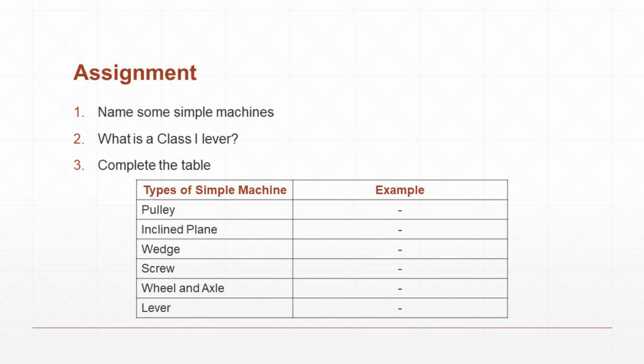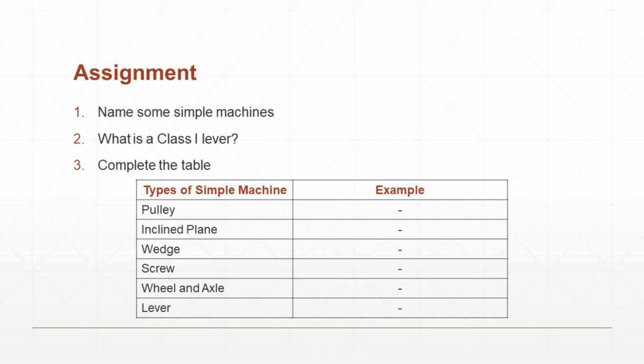The idea of simple machines originated with the Greek philosopher Archimedes around the 3rd century BC.